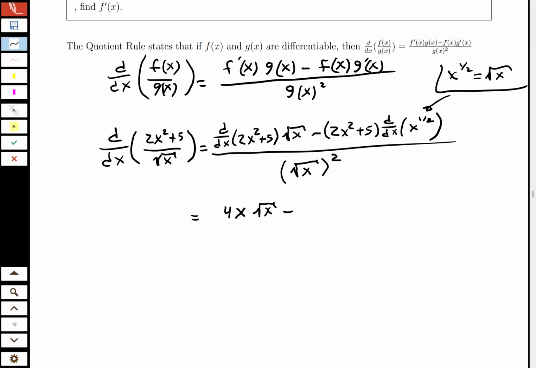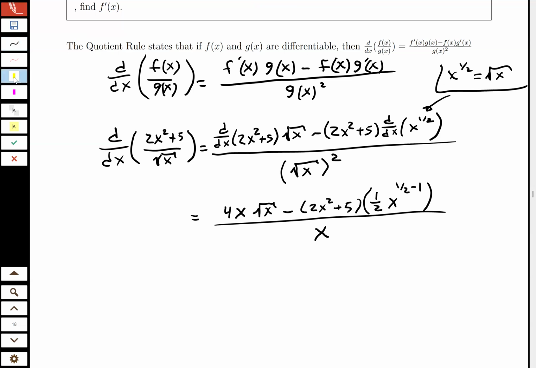Then I have minus 2x squared plus 5. The derivative of x to the 1/2, that 1/2 drops down, and I subtract 1 from the power. I'm using the power rule. On the bottom, I have the square root of x times the square root of x. The square root and the power cancel, leaving me with x in the denominator.